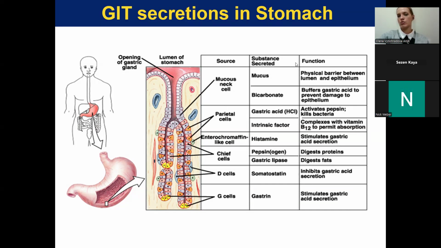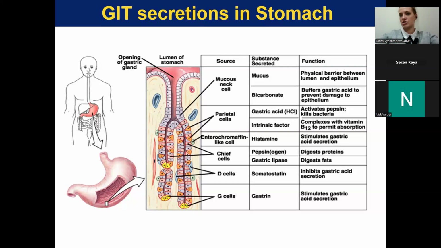Also, we have mucous cells. They release mucus and bicarbonate. This is an important cell because mucus protects our gastrum from our own acidity. And this is important because if we do not have this protection, then our own digestion will happen.